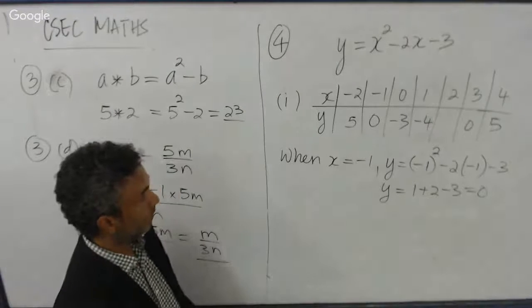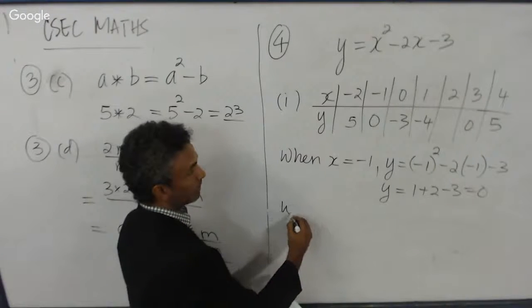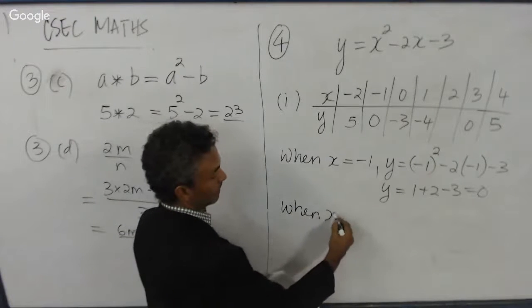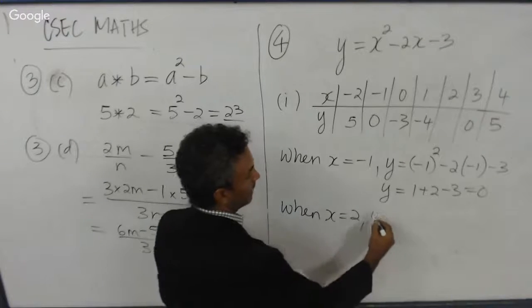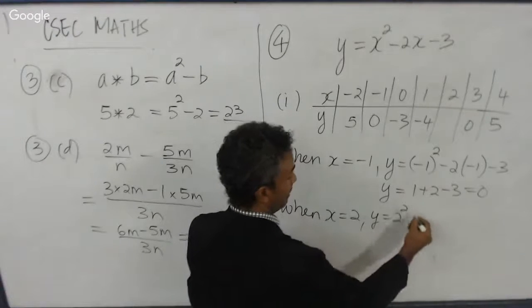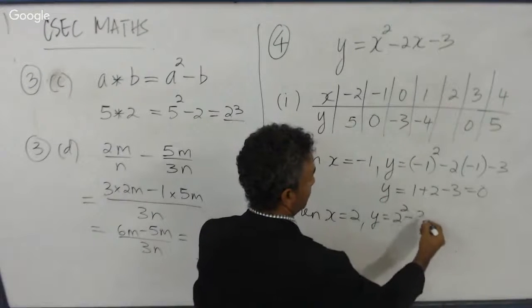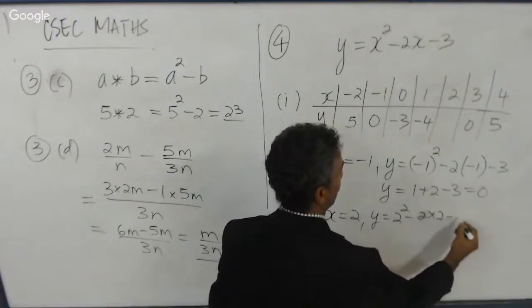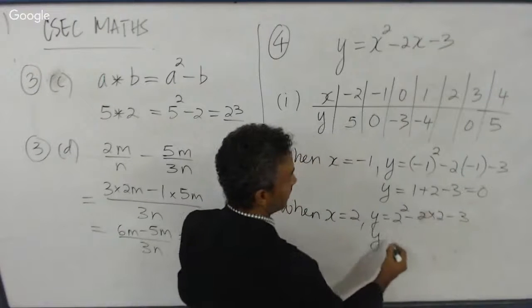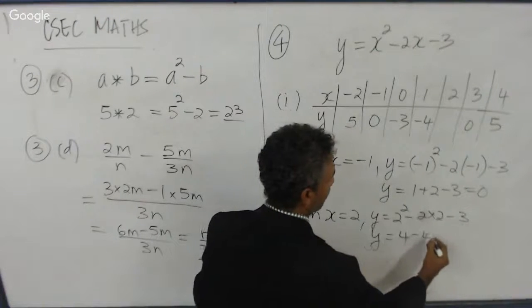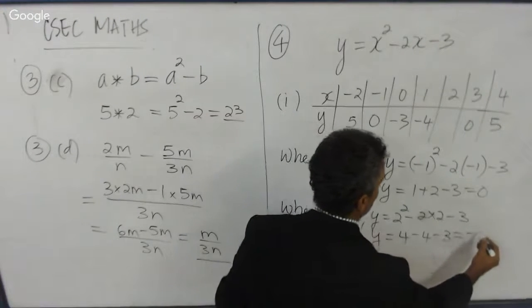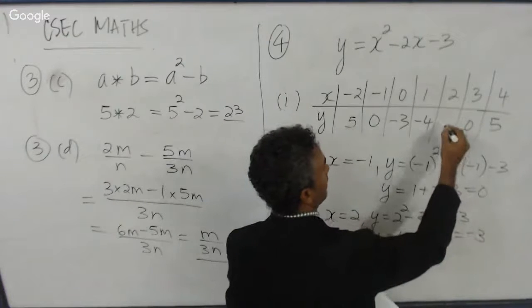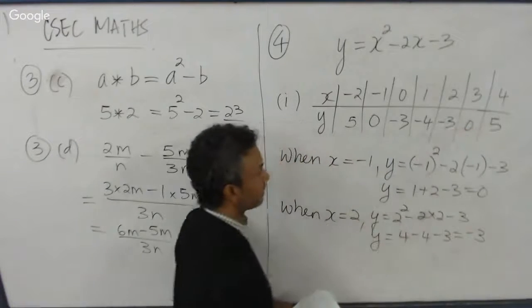The other one, when x equals 2, y is equal to 2 squared minus 2 times 2 minus 3. So y is equal to 4 minus 4 minus 3, which is minus 3.